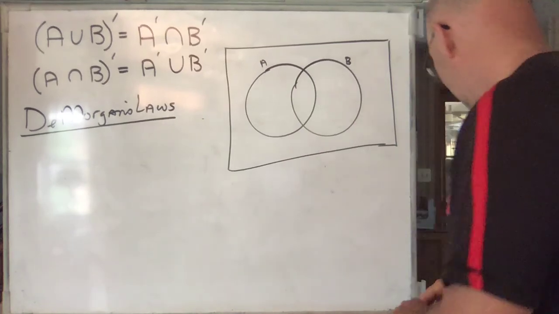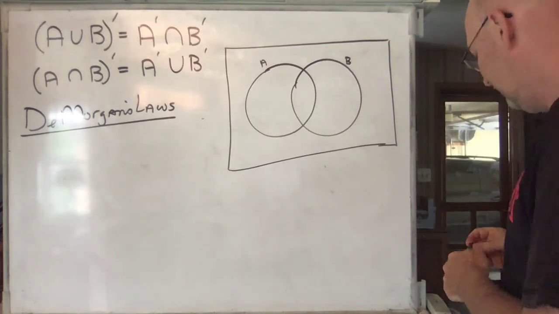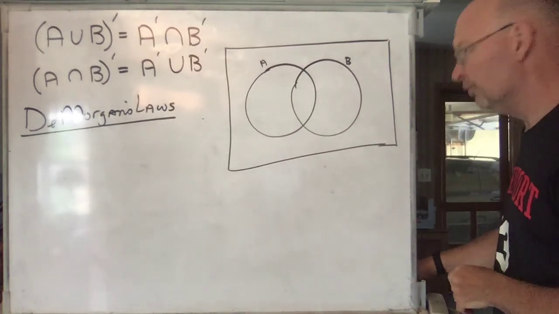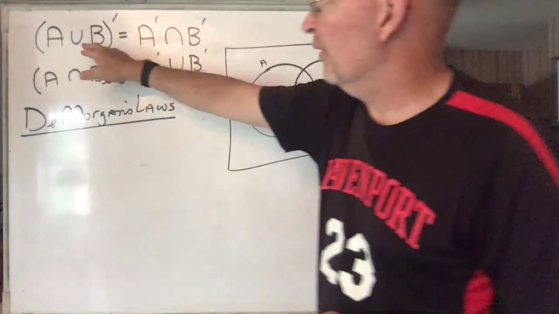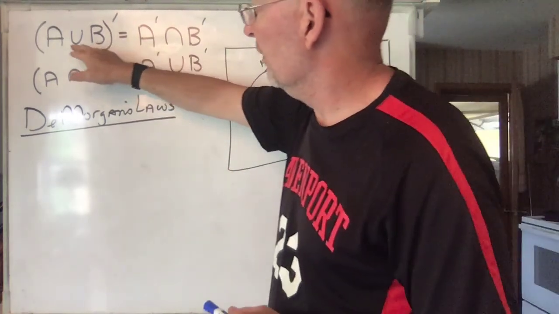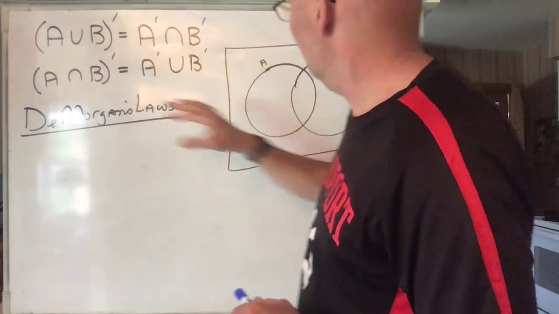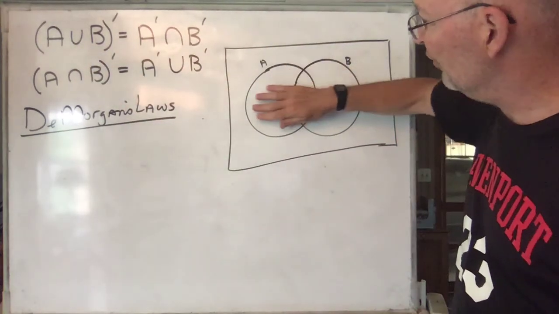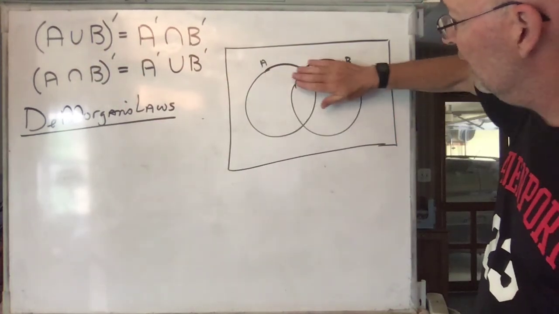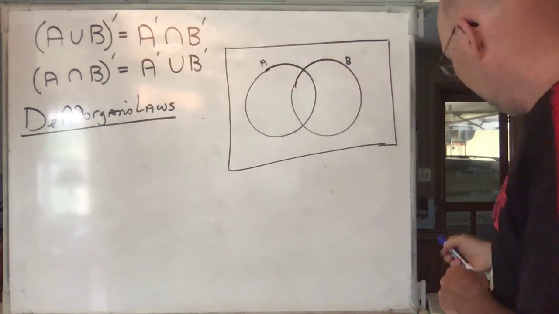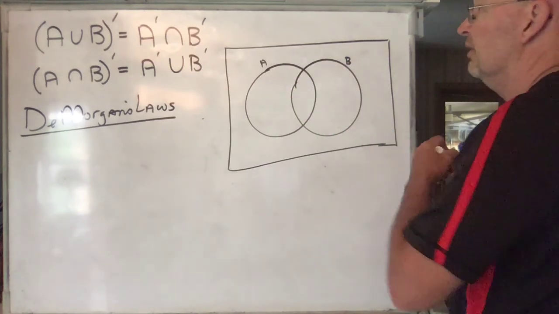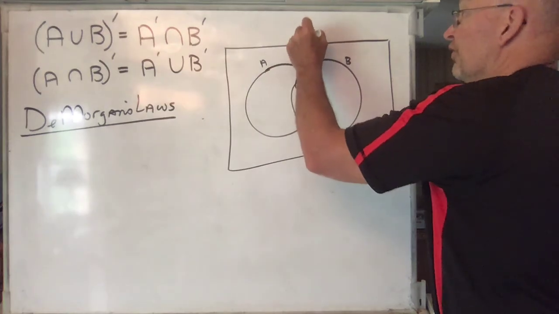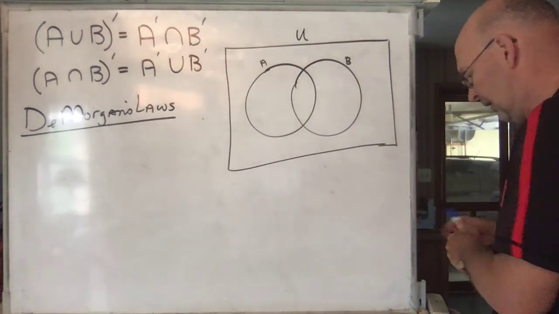So I'm going to use two different colors here. Let's use blue and red. Let's first do this one in blue. What does this one say to do? It says to take the union of the two sets. Do you agree the union of the two sets is all this stuff right here? By the way, this is U right here. This is your universal set. That's where they both live.